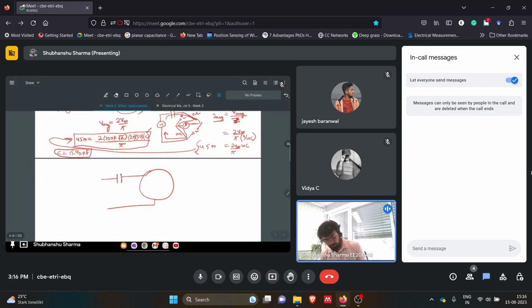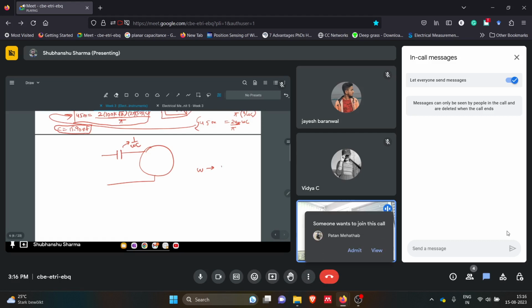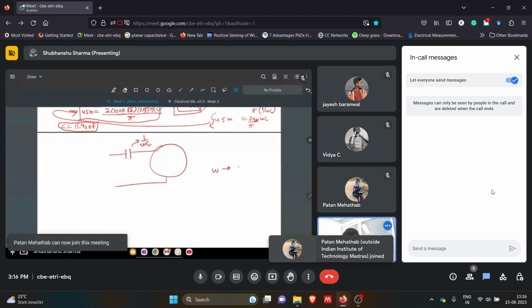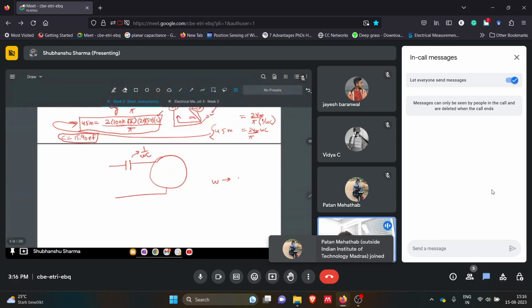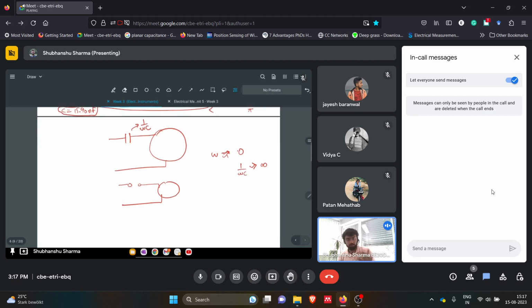So we had a capacitor, so it is having a reactance of 1 by omega C. So if we give a DC signal to this, or a signal with very less frequency, if that is a DC signal, then what will this capacitor be? This capacitor will be having a reactance of what? So omega will be 0, almost approximately 0, and 1 by omega C tends towards infinity. So this will act as an open circuit for our rectifying circuit.